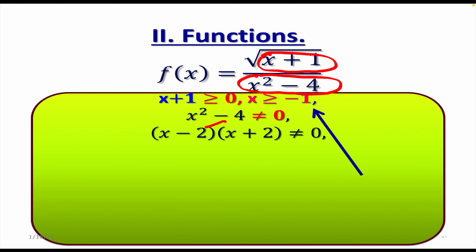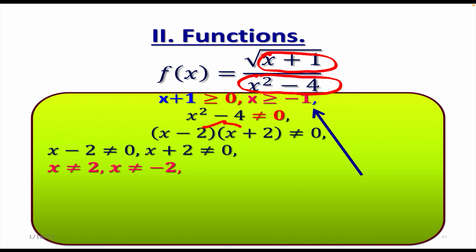Now, we want to factorize x squared minus 4, and remember this is a difference of squares formula, so it factors out into x minus 2 times x plus 2. Now we are going to set each factor not equal to 0, pull them down below and solve them separately. So x is not equal to 2 and x is not negative 2.